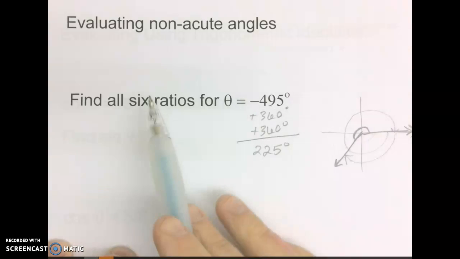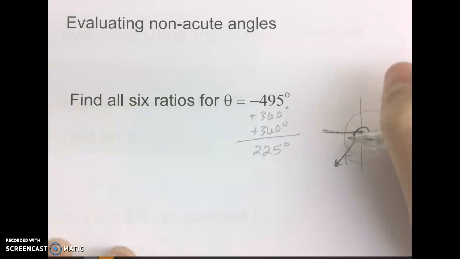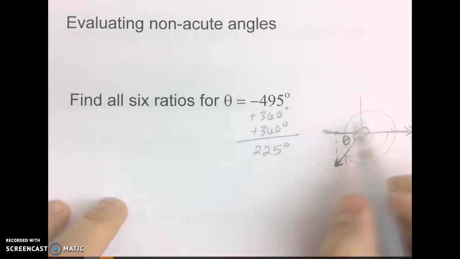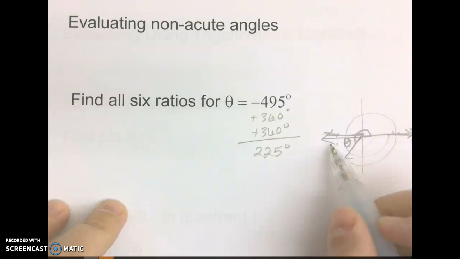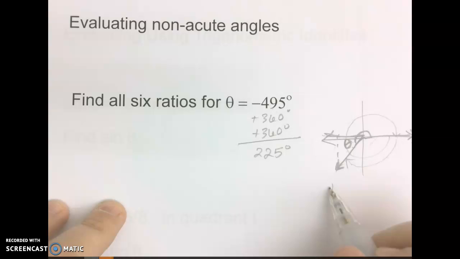Okay, so what I'm trying to evaluate here is the values for the 6 trigonometric ratios. Again, this refers to my reference angle, the shortest angle measure from the terminal side to the x-axis. So to find that theta, I would just take 225 and subtract 180.